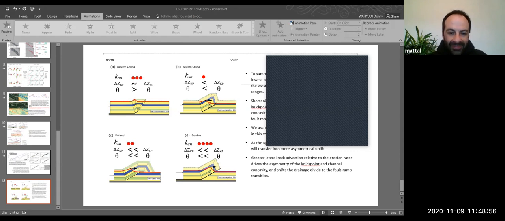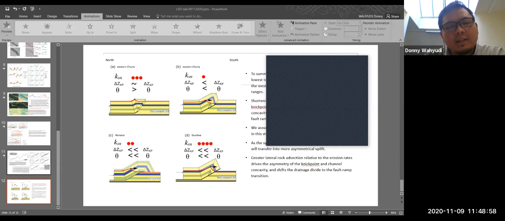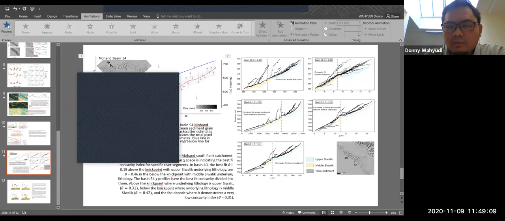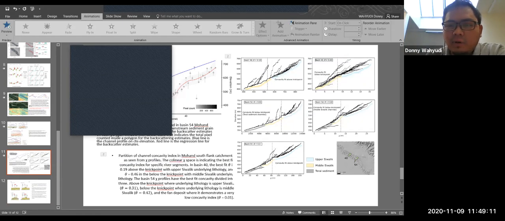Okay, so I guess it also can explain that. We try to explore that in this picture here. As I said before, the upper Siwalik rock has a lower concavity compared to the mid Siwalik sandstone downstream.